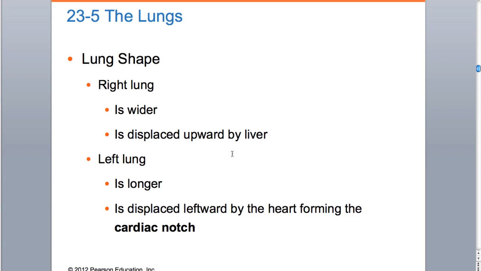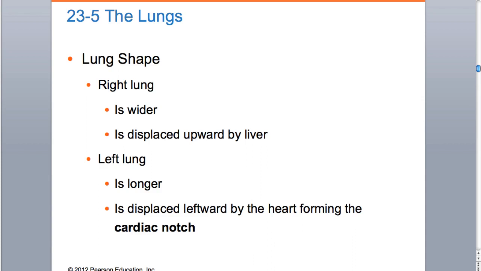So when you come in for lab day, it is very important that you actually see this on the model. That is true for every single picture I have shown. Can you see it on the model? It's nice to have it in the book, it's nice to have it in the PowerPoint, but you want to see it on the model. Now earlier I mentioned left lung. Left lung had the cardiac notch, and that was mentioned before.